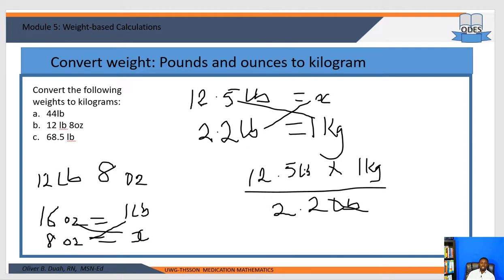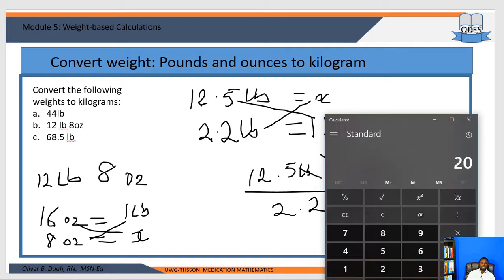So pounds will cancel pounds, and now we have 12.5 divided by 2.2. So let's bring up our calculator and do 12.5 divided by 2.2. That is going to give us 5.681818. So those are going to be repeating values.